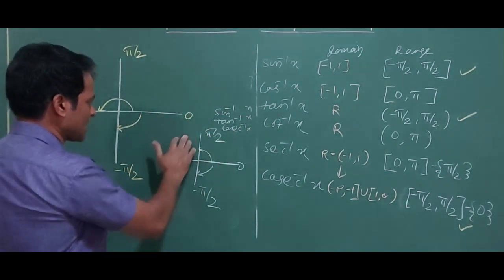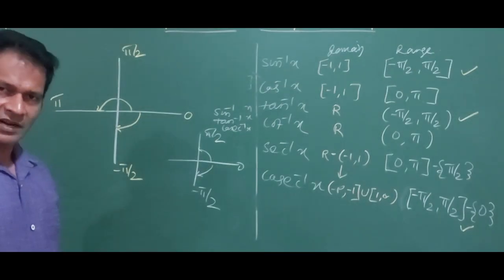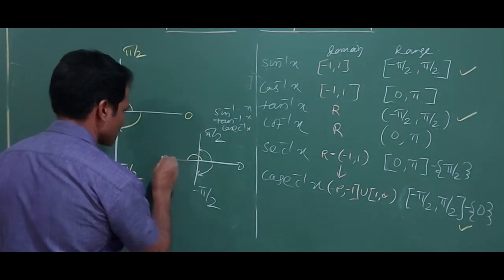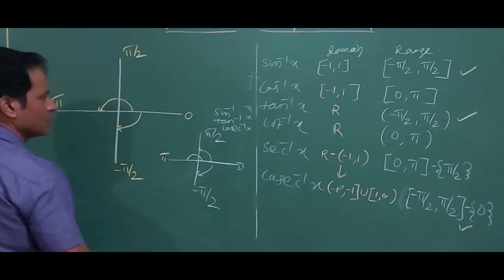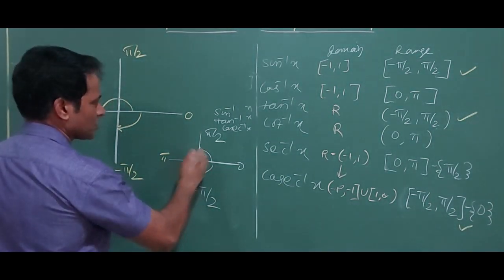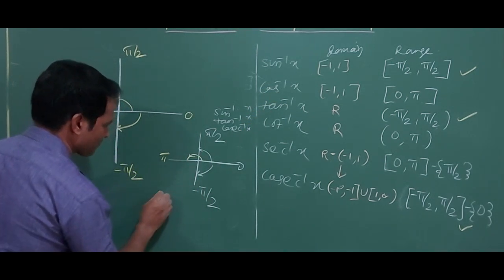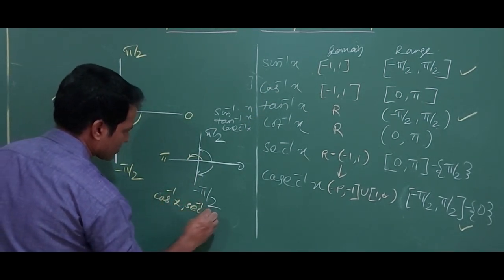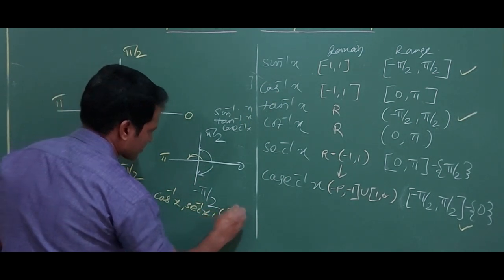They are not going to lie here and there. Similarly, if I take 0 to pi, I am writing in yellow. In these two, the rest three are cos inverse, sec inverse, cot inverse.